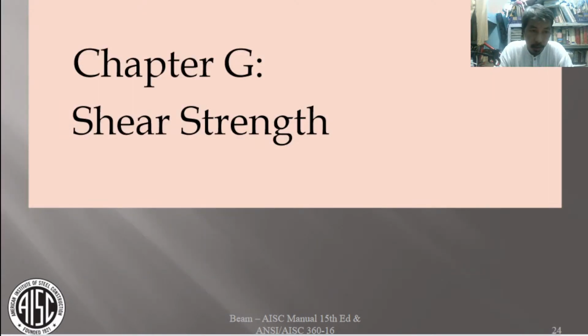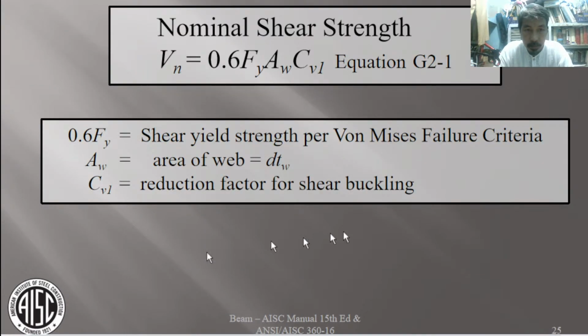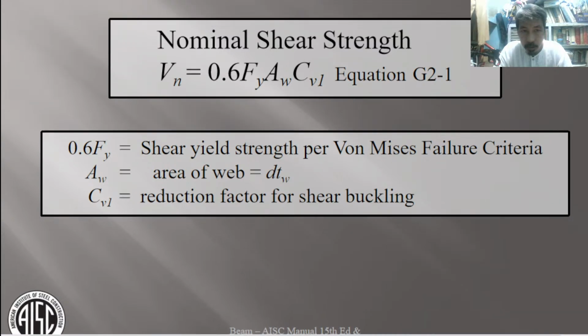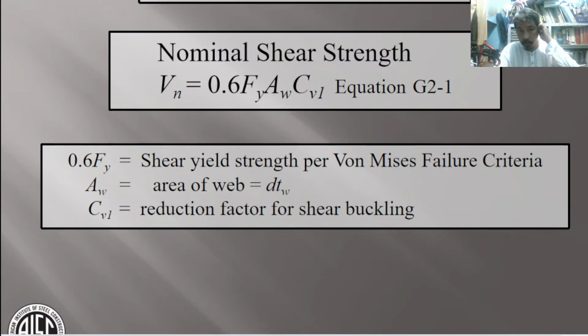So shear strength, without tension field action, the nominal shear strength is 0.6 Fy Aw Cv1, equation G2-1. So 0.6 Fy, we already know that is from the von Mises failure criterion.